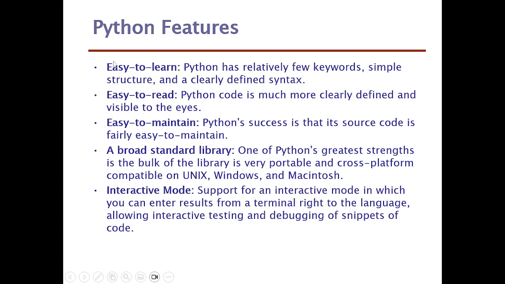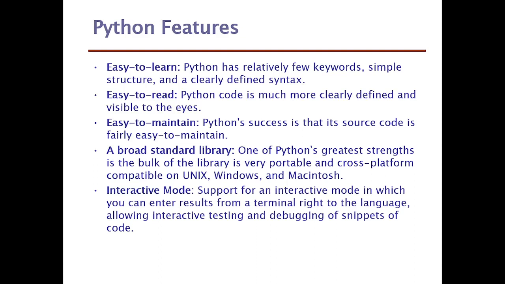So the Python features. Basically we have the features for every programming language. So it says, first, easy to learn. Python has relatively few keywords, simple structure, and a clearly defined syntax. Basically, with Python, if you want to have numbers, you can directly put the numbers and then it can show the results.